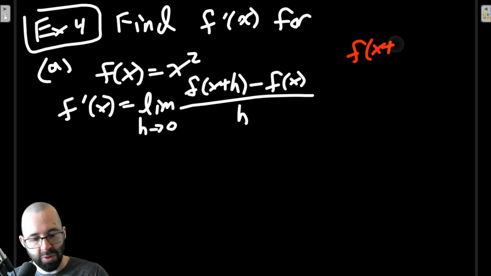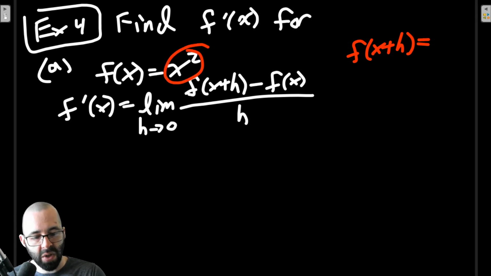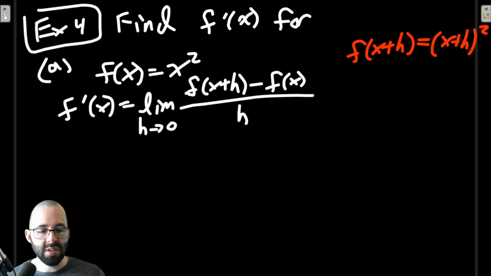What is f of x plus h? Well, that's just f of x, but plug in x plus h instead of x. So this is going to be x plus h squared. Just like if I asked you what is f of 2, you'd plug in 2. What's f of 3? You'd plug in 3. Well, for f of x plus h, you just plug in x plus h.